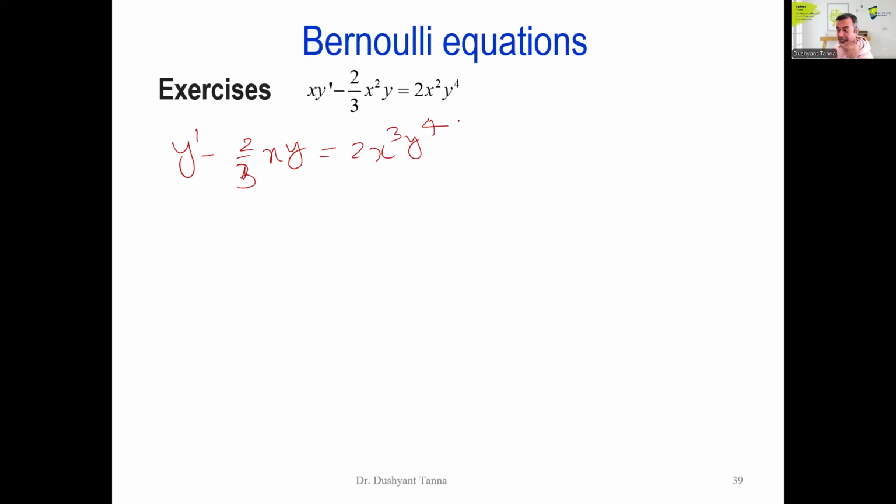If you can't get rid of it, then it's non-linear, and there is a different approach of doing it, like a lot of numerical techniques are there, but definitely not what we have learned so far. So that's the first thing you should take care of.